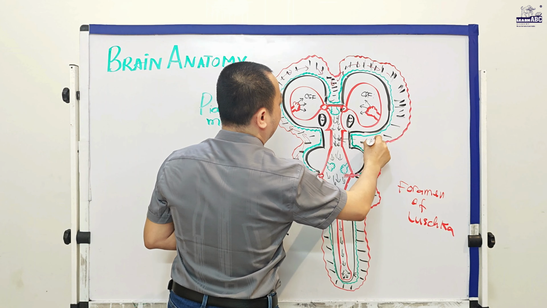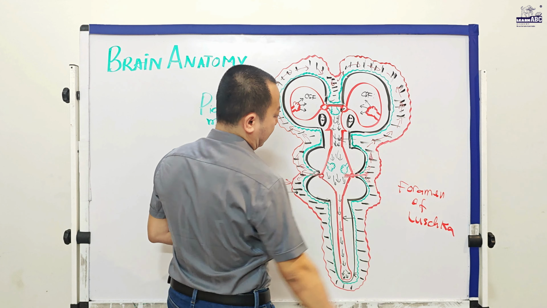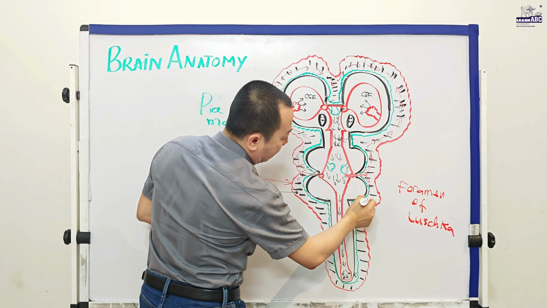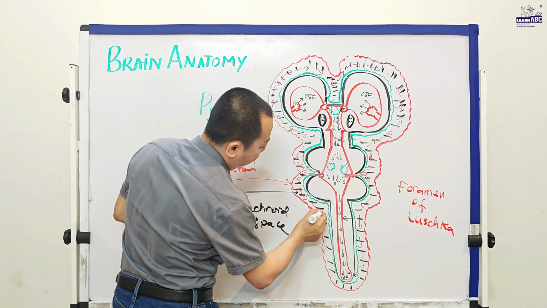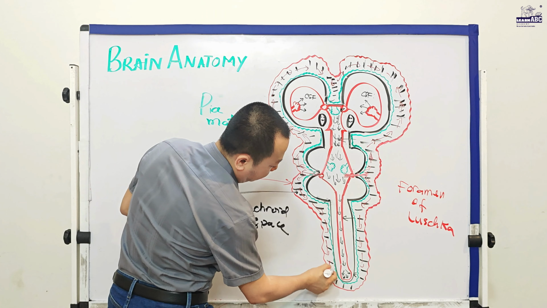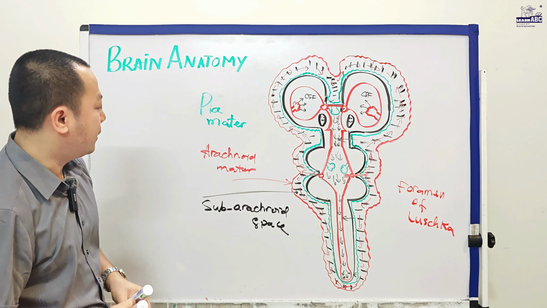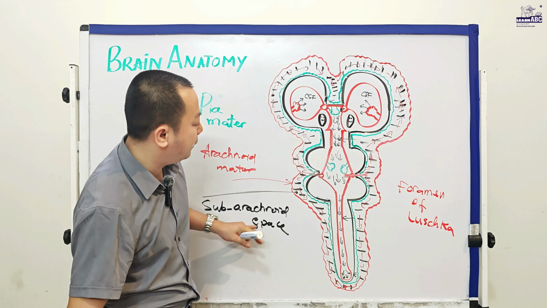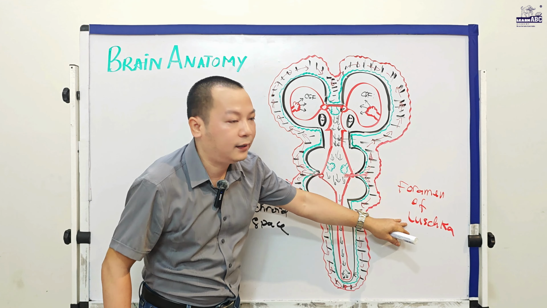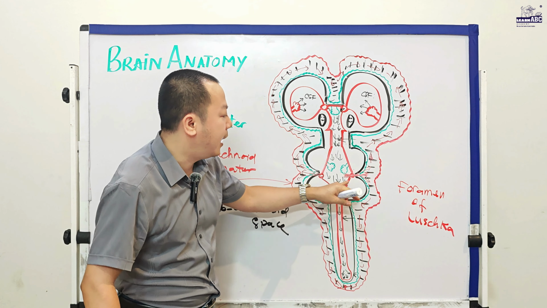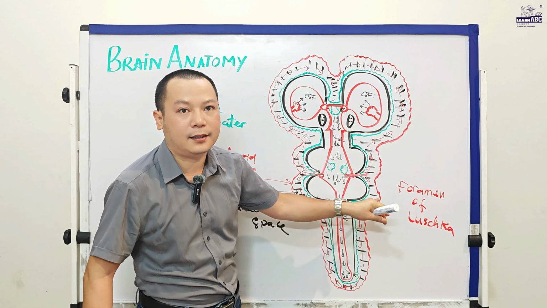From here, CSF will also move up here, and from here the CSF also moves downward, outside the central nervous system. So it means the subarachnoid space is filled full of CSF through the foramen of Luschka. This is the way the CSF comes out of the central nervous system.